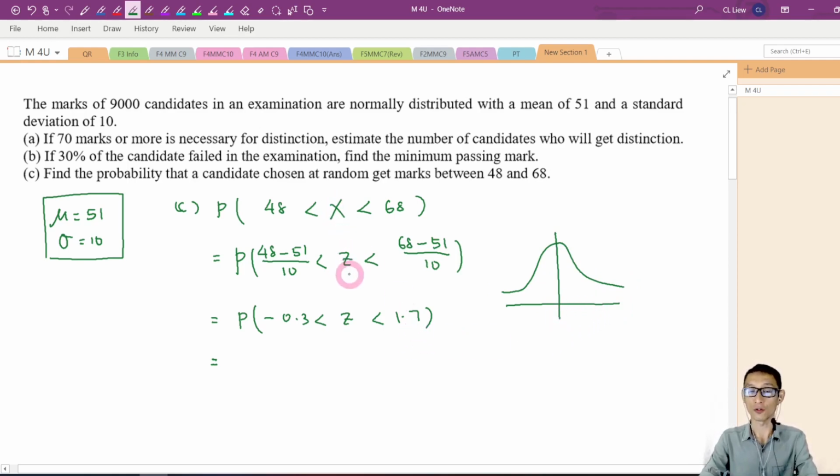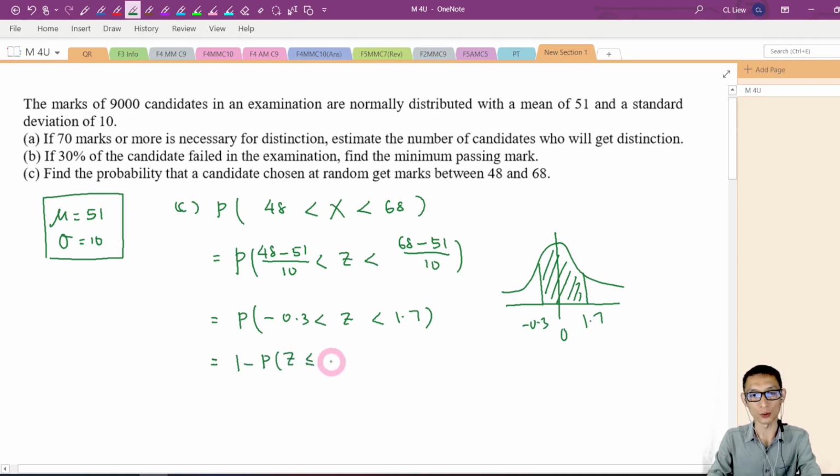Since we already converted to a Z value, here will be 0. Negative will be on the left hand side. Positive will be on the right hand side. So we want to find the area here: 1 minus this part, which is the probability for Z less than or equal to negative 0.3, minus Z greater than or equal to 1.7.